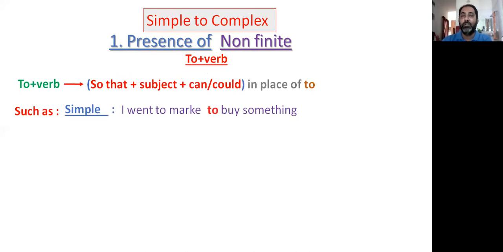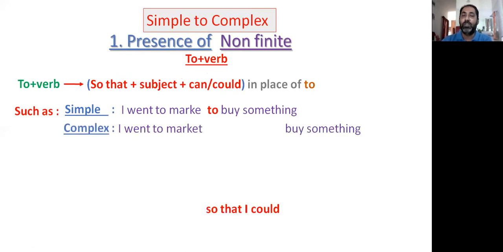Here to is used before buy. Buy is a verb. Now to complex: I went to market so that I could buy something. So that I could. I is the subject, could the modal auxiliary. It is in the past form as the sentence is in the past tense.